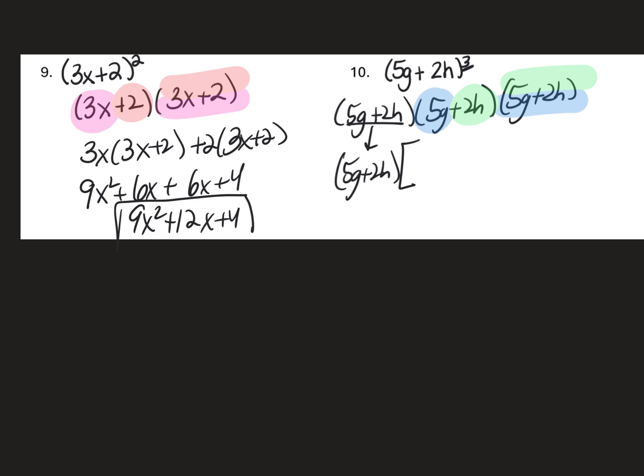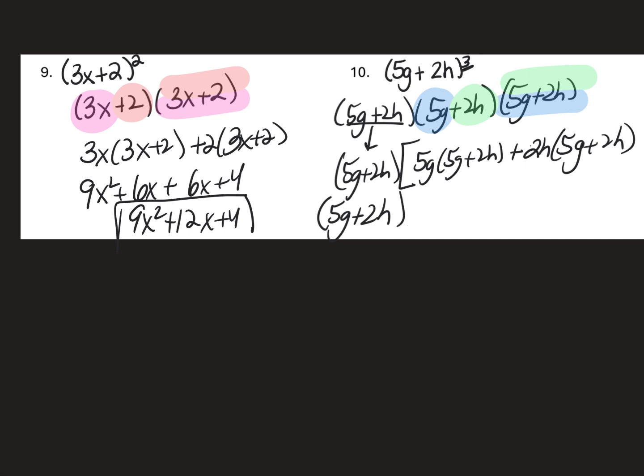That's what I'm going to do. So 5g times 5g plus 2h plus 2h times 5g plus 2h. Now I will distribute inside the parentheses, here and here.